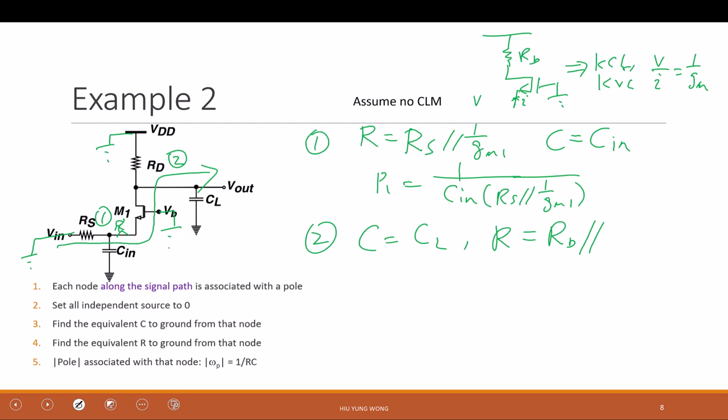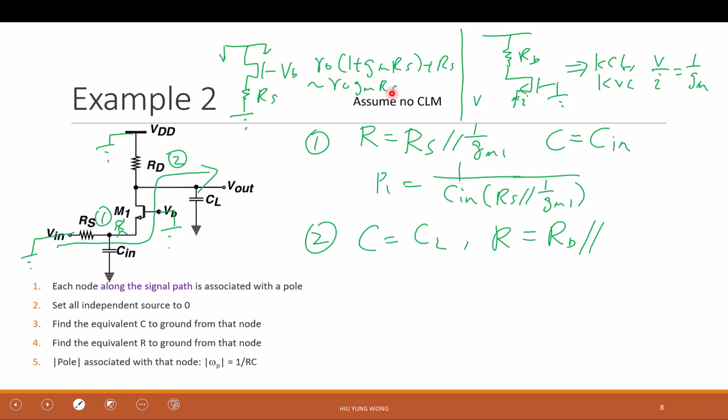Is it clear that this looks like a common source with degeneration? This is VB, and this is RS. I ignore the capacitor. What we are looking at now is the common source with degeneration output impedance, which is R0 times (1 plus Gm RS) plus RS, or approximately R0 Gm RS.